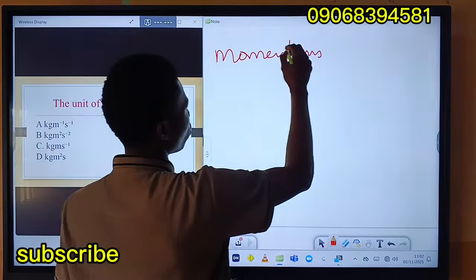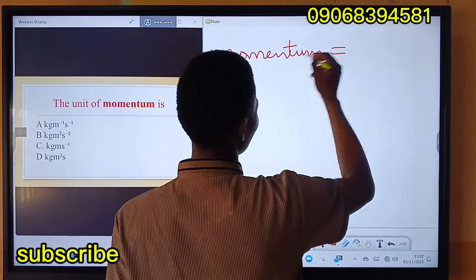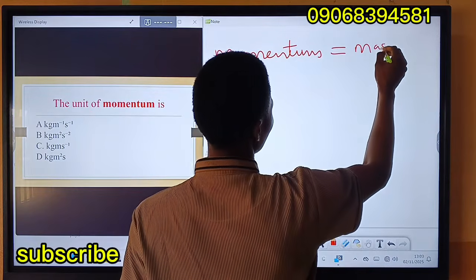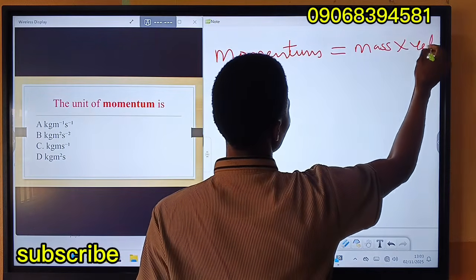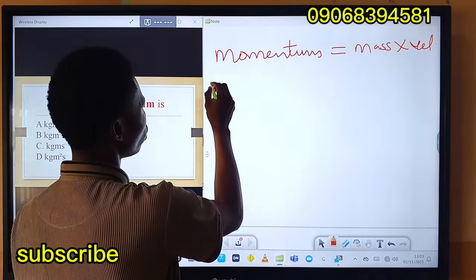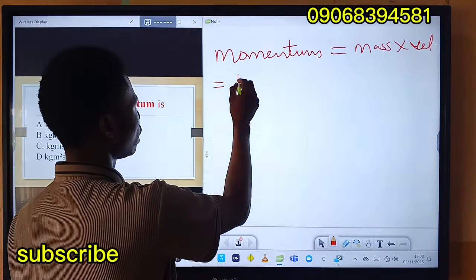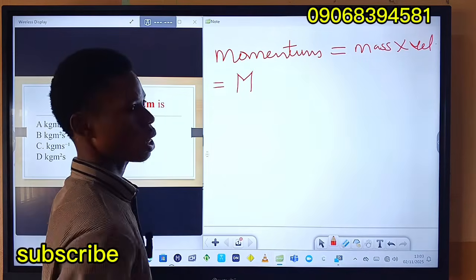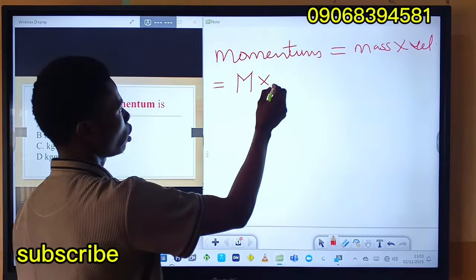Momentum or impulse have the same formula: mass times velocity. So momentum will be equal to mass, which is a fundamental quantity, so I use capital letter M, times velocity.